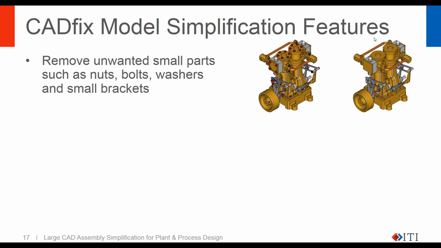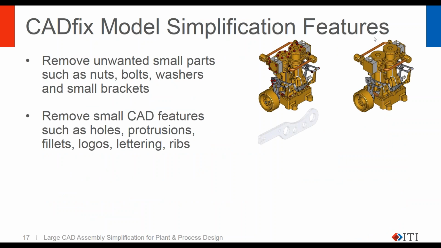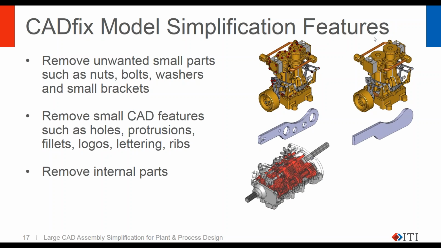For example, quickly removing small parts, nuts, bolts, washers. You clearly don't need those in the plant system. Where there's a piece of equipment you want to keep but simplify, we can remove features. So take out holes, protrusions, the text for logos and fillets and blends that appear to simplify that piece of equipment.